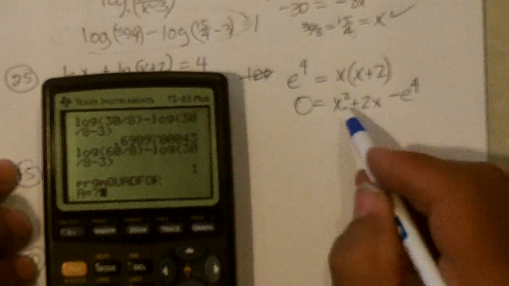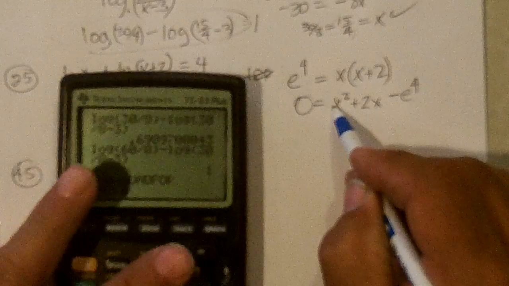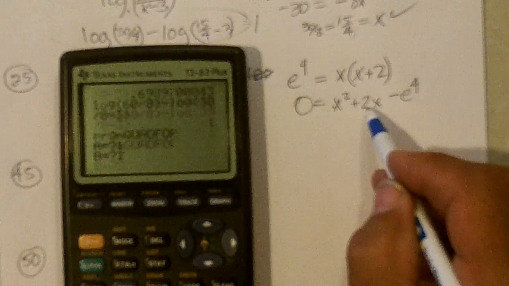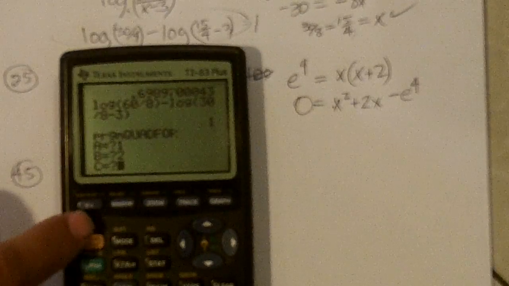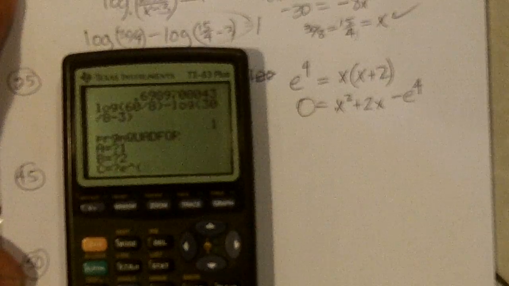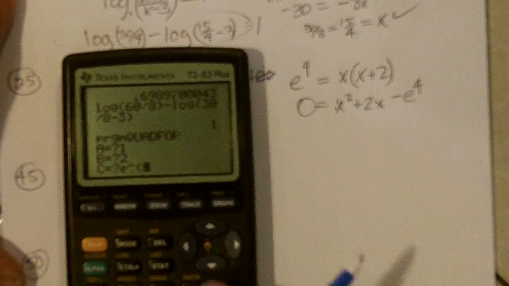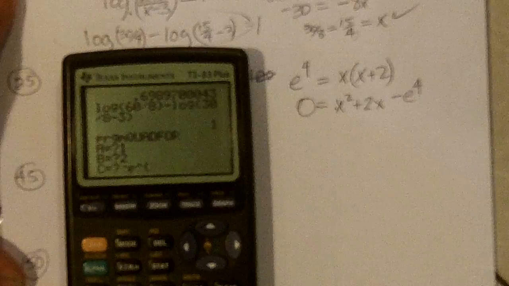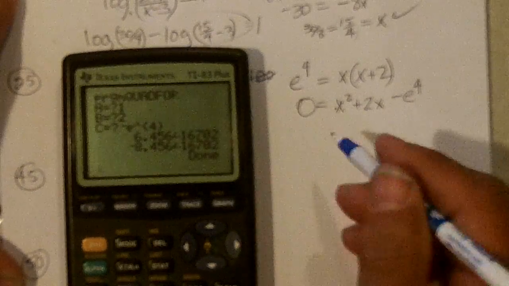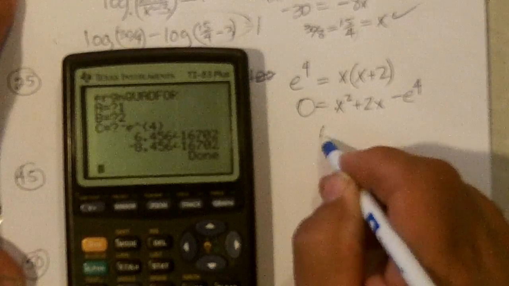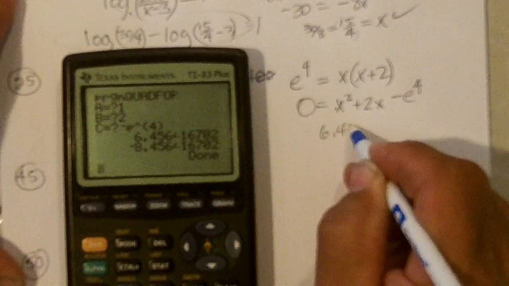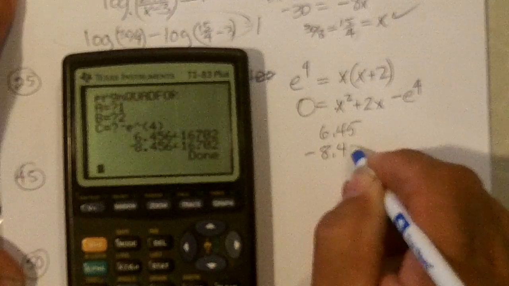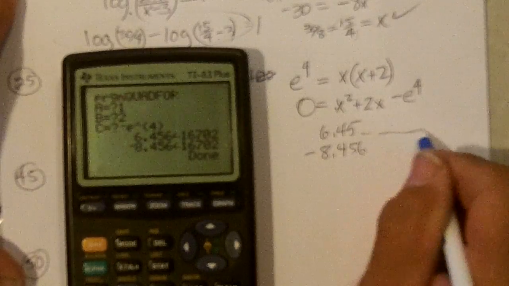So we've got a is 1, b is 2, and c is negative e to the fourth. And it tells me that it's either 6.456 or negative 8.456, and so on.